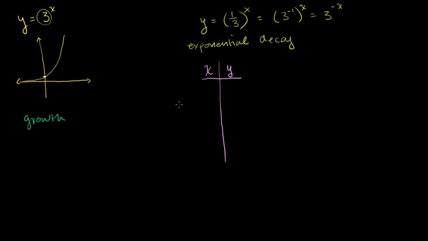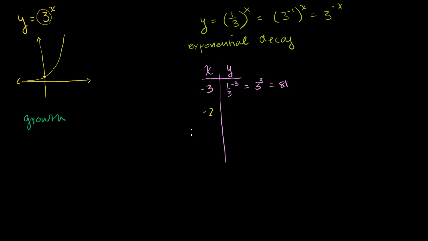So let's start with some small values. Let's say that x is equal to negative 3. Well, what is 1/3 to the negative 3 power? That's the same thing as 3 to the third power, which is equal to 81. Let's do another point.